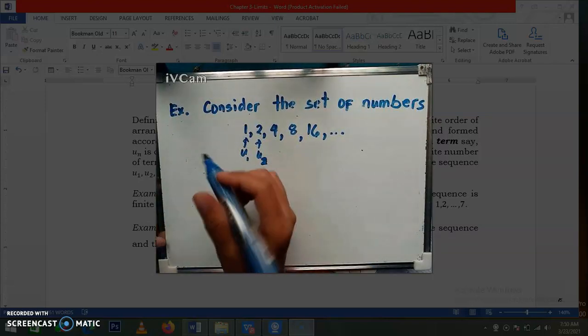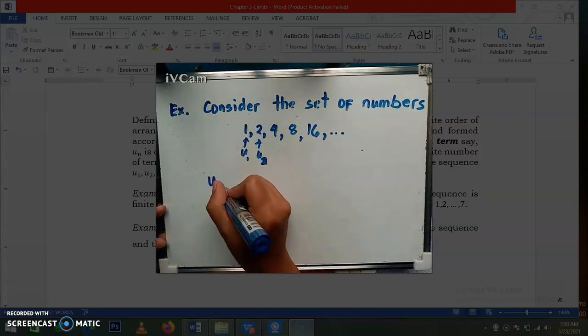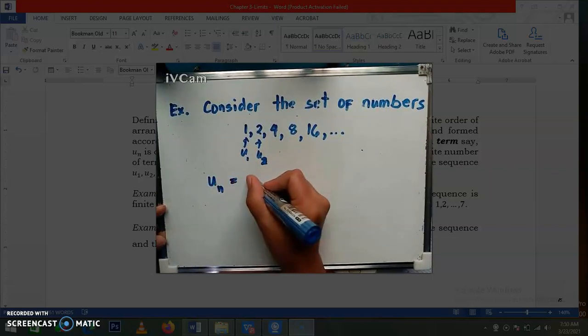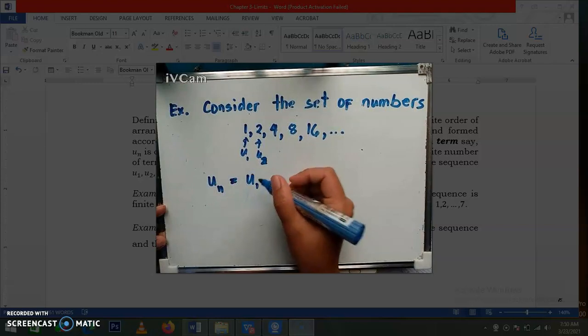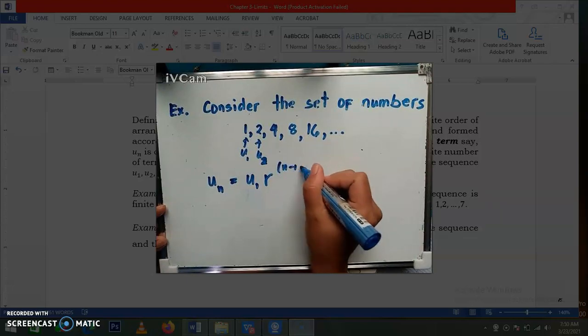Now recall that the formula to find the nth term for the geometric sequence, we have u sub n is equal to the first term times the common ratio raised to n minus 1.